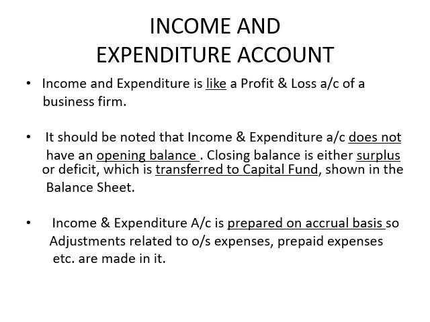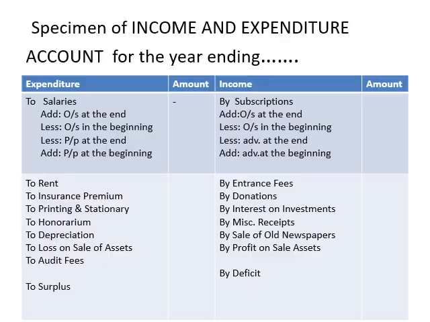The income and expenditure account is based on the accrual concept, and the receipts and payment account is on the cash basis only. No adjustments are done in the receipts and payment account, but these adjustments are recorded in the income and expenditure account. Now this is a specimen of the income and expenditure account, and how to prepare it.